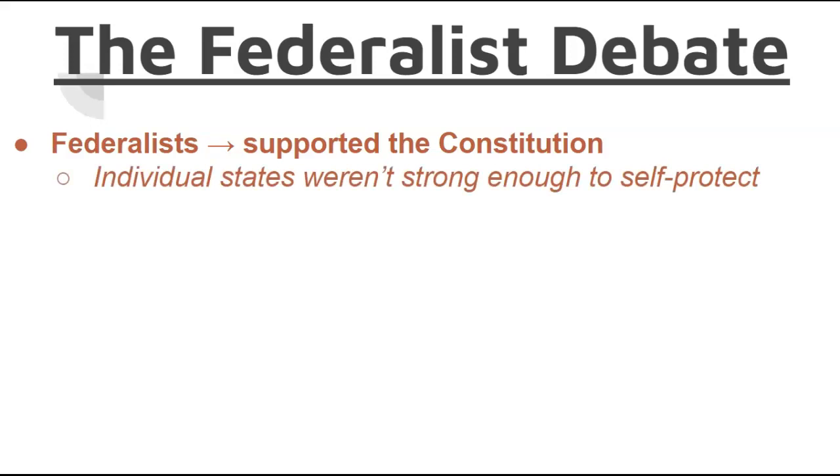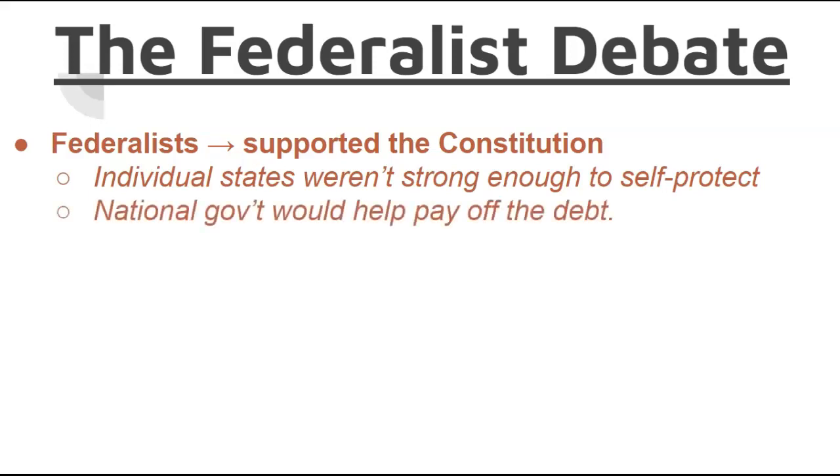The reason why they supported the Constitution was because they strongly believed that individual states were not strong enough to protect themselves. Shays' Rebellion was the example, the fact that states weren't strong enough. Second, this $40 million of debt that the country is currently in, which is a lot of money for back then. Expanding the government, giving the national government the power to tax will help pay off debt.